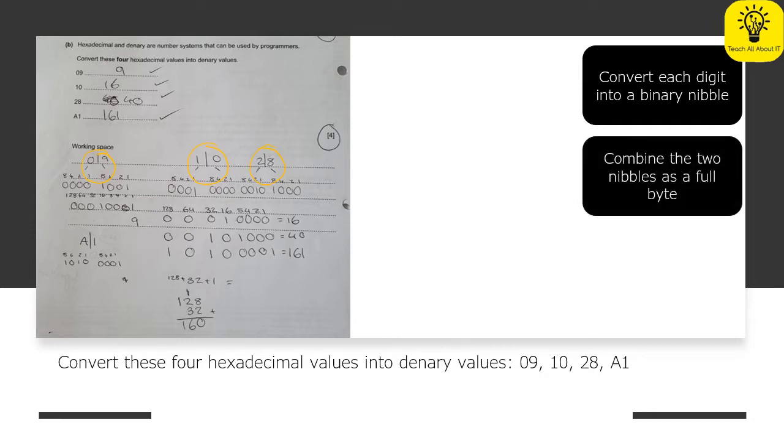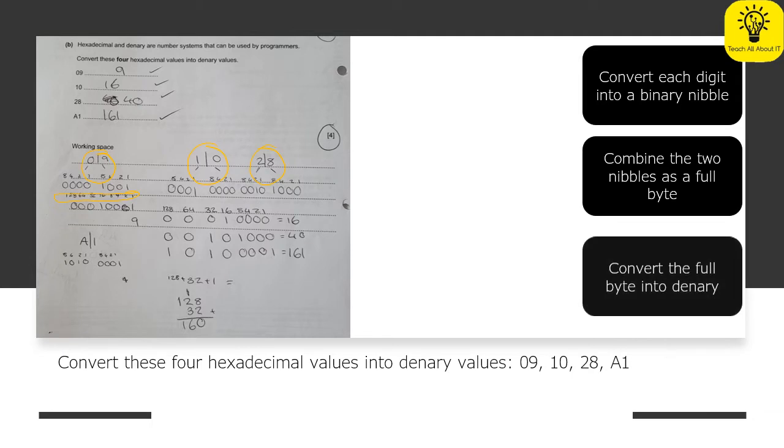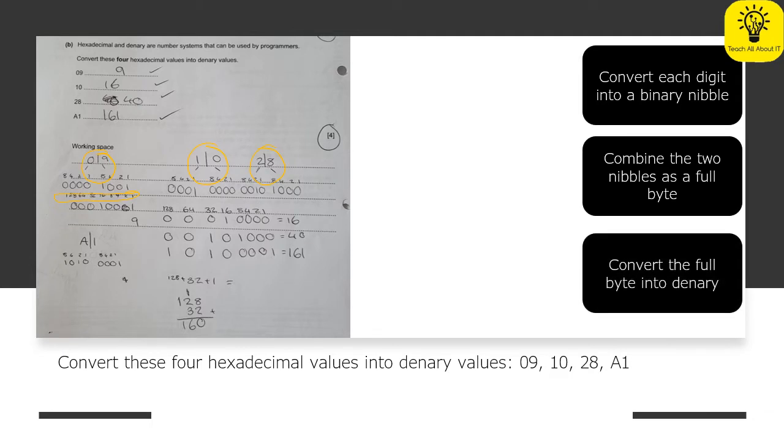The next thing is then to combine them as a full byte, and again I can see this happening over here because I can see the full bytes over 1, 2, 4, 8 all the way up to 128. And again converting that into then denary, and then you can see then adding up the ones.